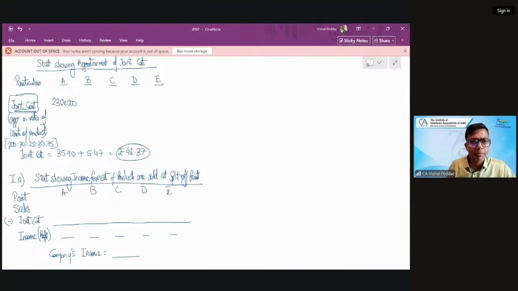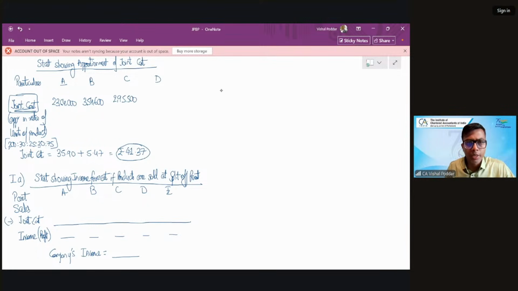Others may please cross check. For C, it is 295 500.